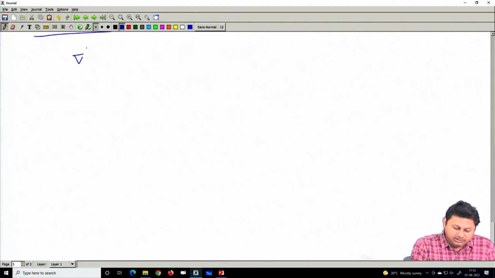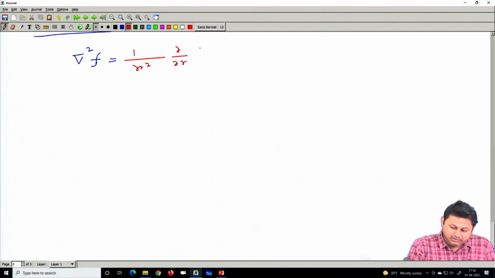Laplacian is del squared, operating on a scalar field f, and the expression is, this is a very important and very useful expression, so I request you to please remember it at least: 1 by r squared del r of r squared df dr. Okay.